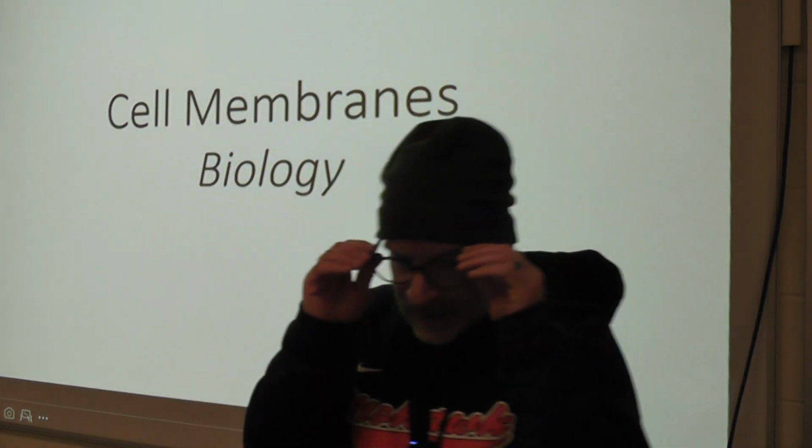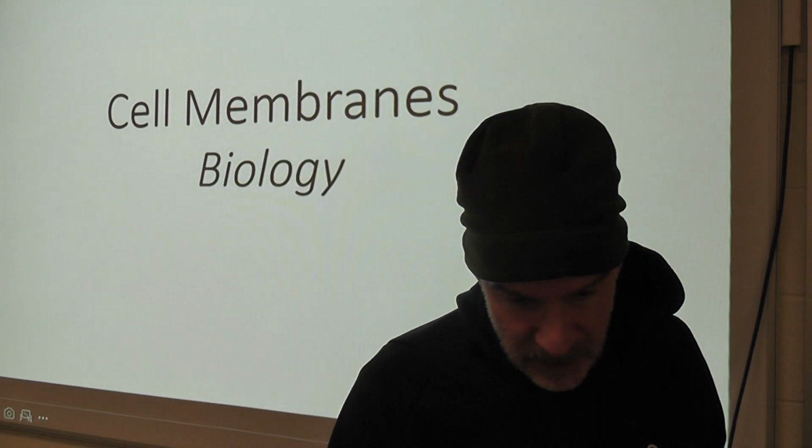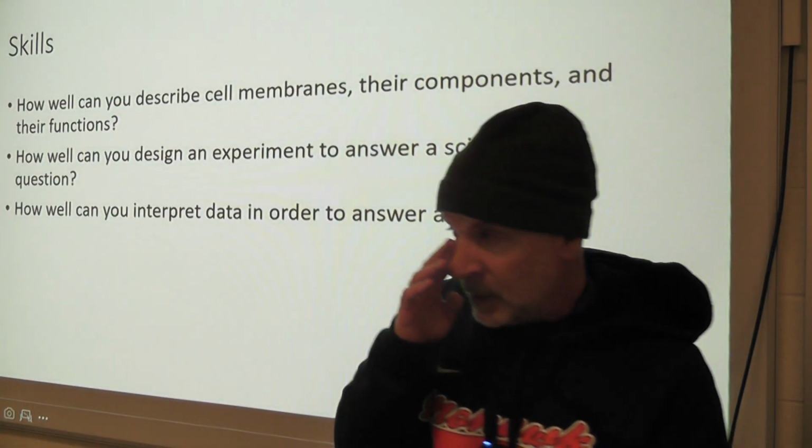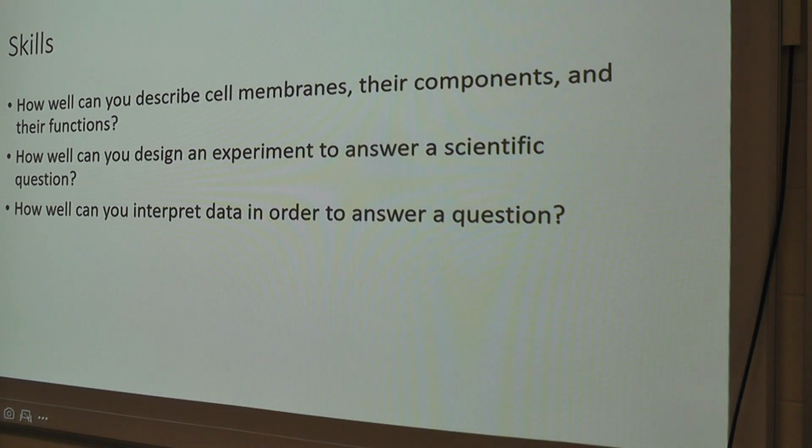In this class, I have been relatively committed to not just having you all think about what things are or how they work, but I would also like you to be able to do some stuff. So there is some information here that I want you to be thinking about.